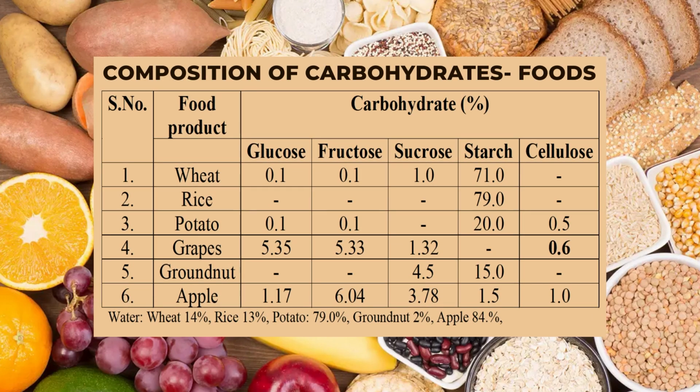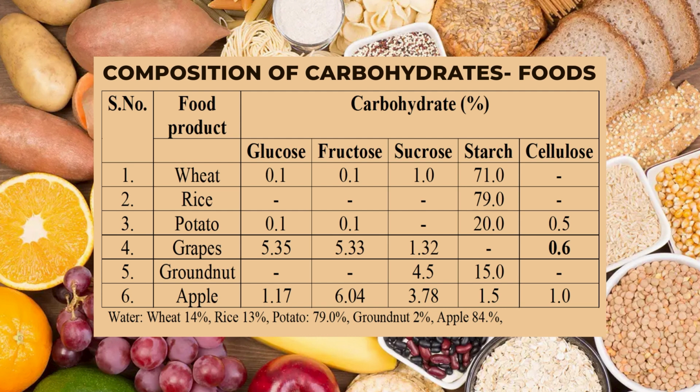Just see the different carbohydrate sources: a simple one in fruits, apple, and on the other range, wheat. Wheat contains around 71% starch, and it also contains some other components like glucose, fructose, sucrose, which we will study later, and rice is around 79%.